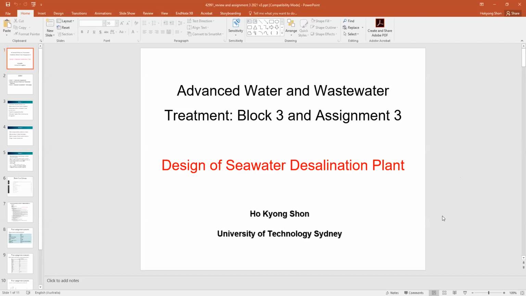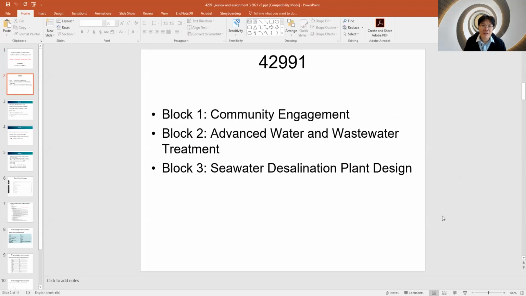All right, that's great. So we can go for our agenda today. Let's think about block 1, community engagement, block 2, advanced water and wastewater treatment, for the wastewater related design, and then block 3 is about seawater desalination plant design.